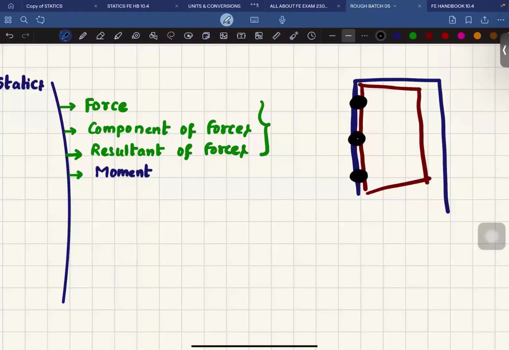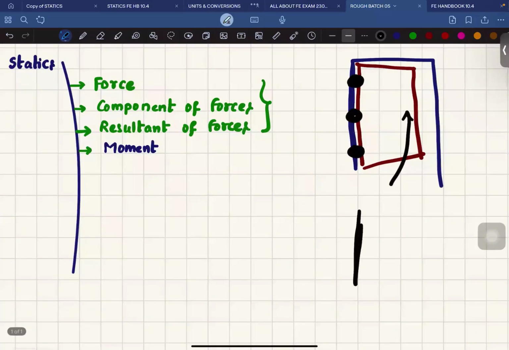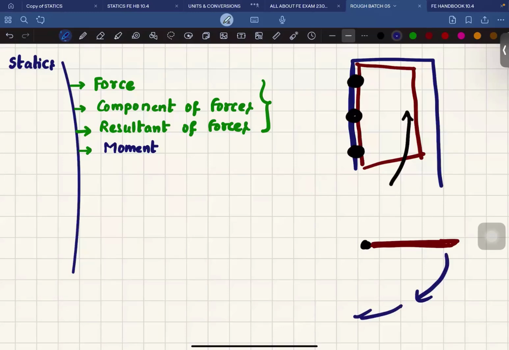And when you try to open the door or close the door, when you see from the top, if this is my axis, if these are the hinges, and if this is my door frame, door shutter, you are trying to rotate about this hinge, either like this. So there is a rotation with some force here. Here there is a door knob. You are pulling this.